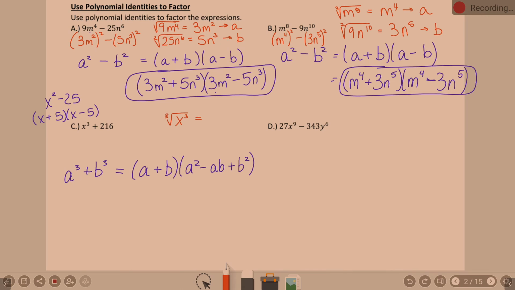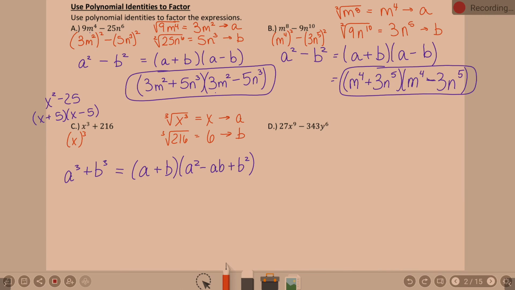Your shortcut with exponents, guys: 3 divided by 3 is x to the 1st, or in other words, just x. This goes in the position of our a value, because this can be rewritten as x raised to the 3rd. What is the cube root of 216? 6. That's going to go in place of our b value.